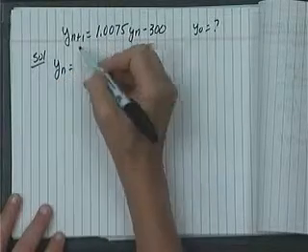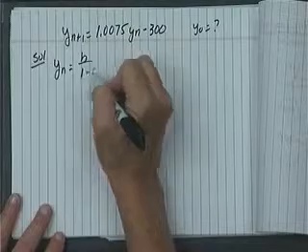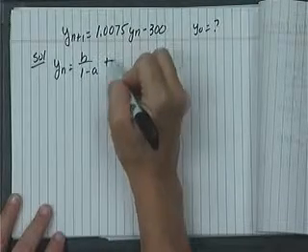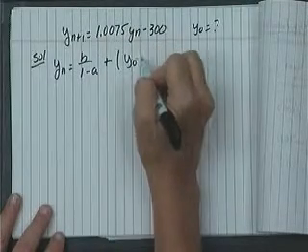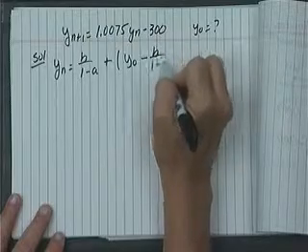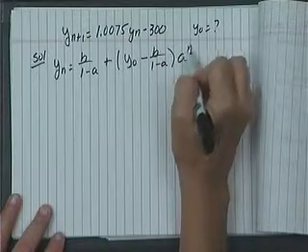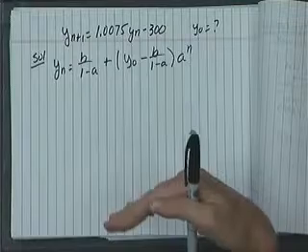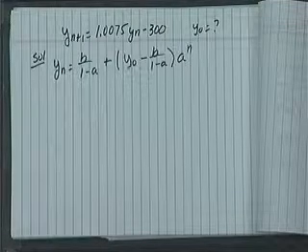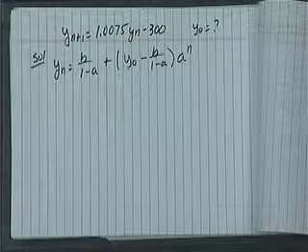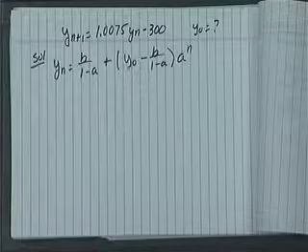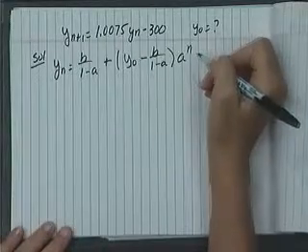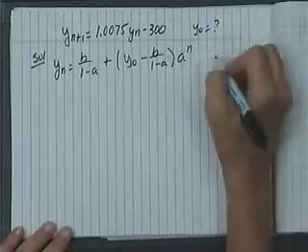Y sub n is what? A to the n times y sub 0 minus c over 1 minus a, plus c over 1 minus a. And really this is when a is not equal to 1. But I'm not going to give you a problem where a is equal to 1 anyway. All right, so start plugging and chugging and see what we can get here.